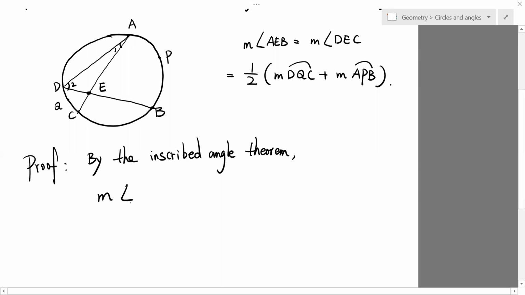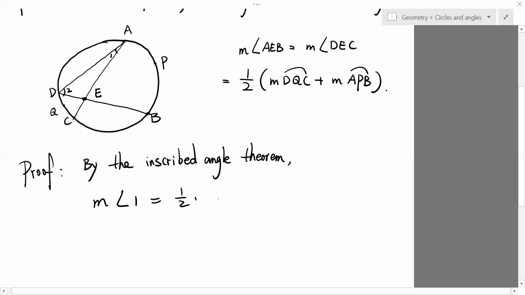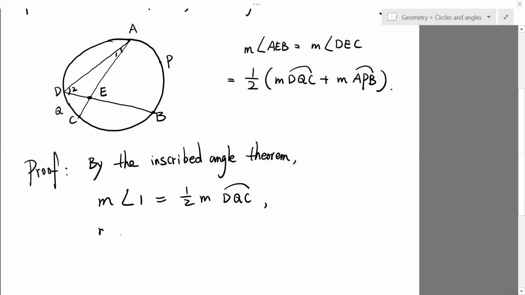First, the measure of angle 1 is in fact 1/2 of the measure of the arc DQC, right? The angle 1 is intercepting the arc DQC. And similarly, the measure of angle 2 is just 1/2 of the measure of the arc APB, right?